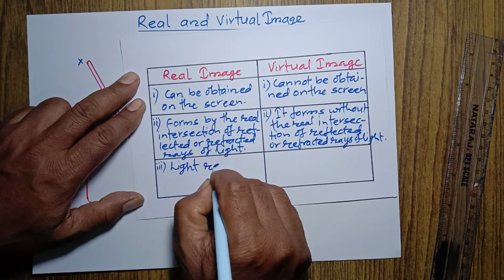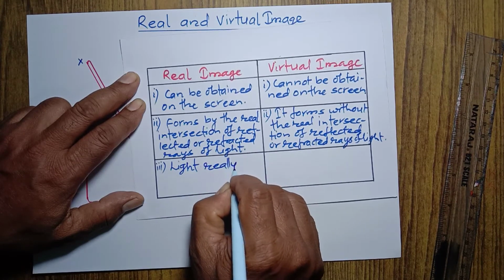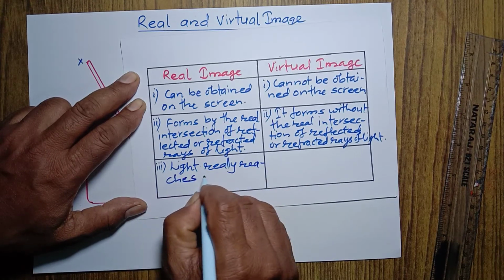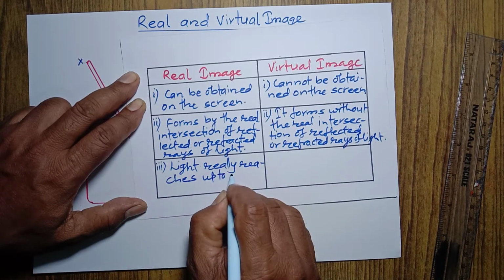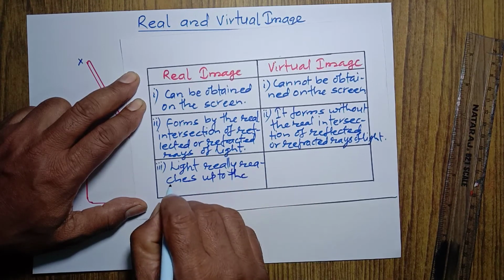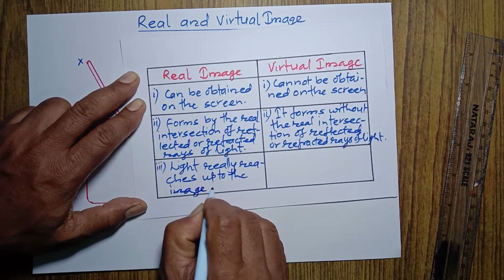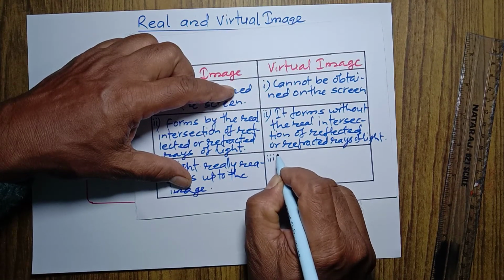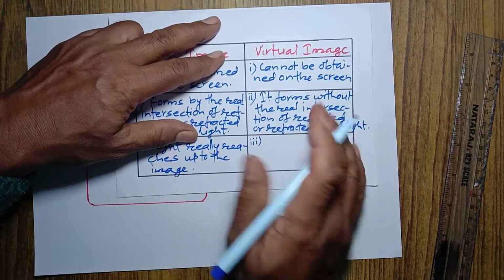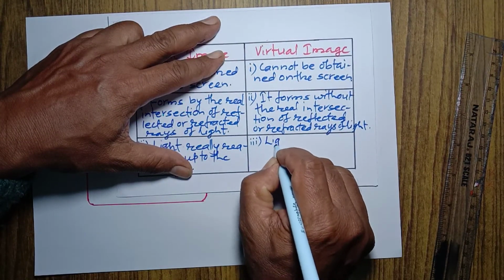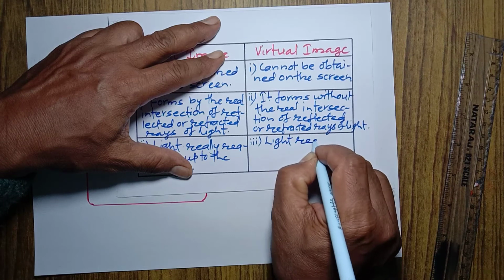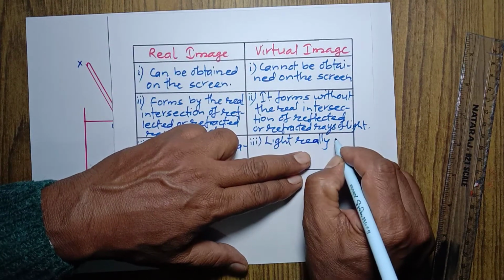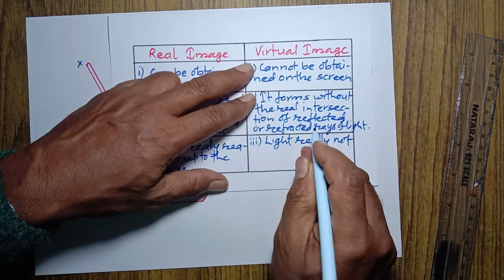Light really reaches up to the image, but in this case light does not really reach up to the image.